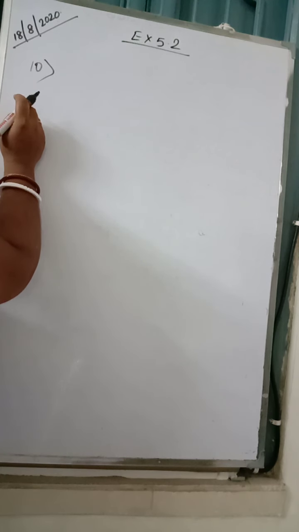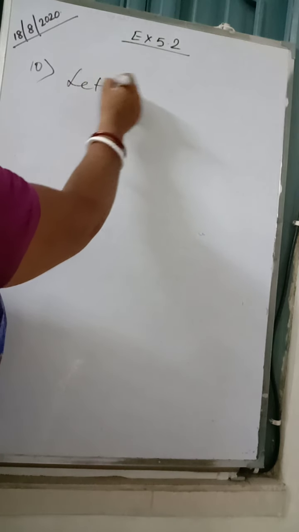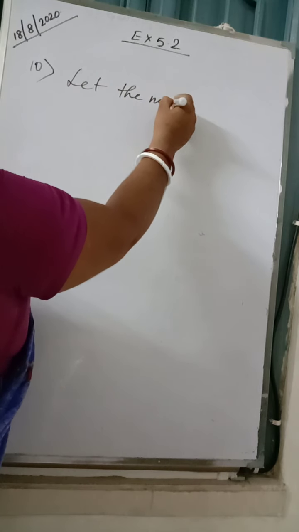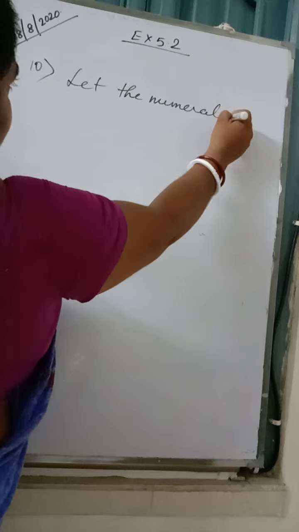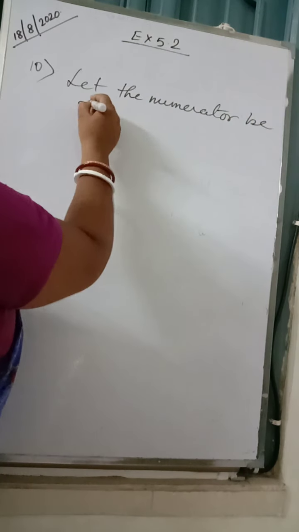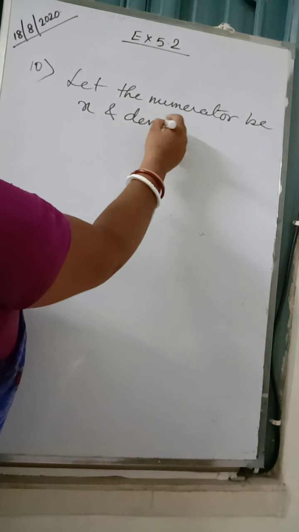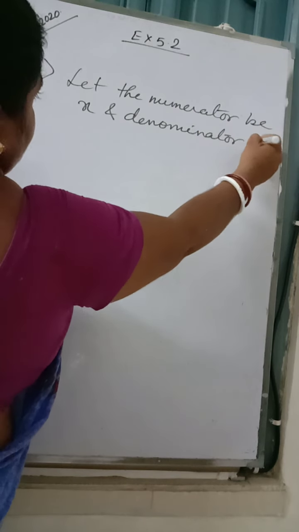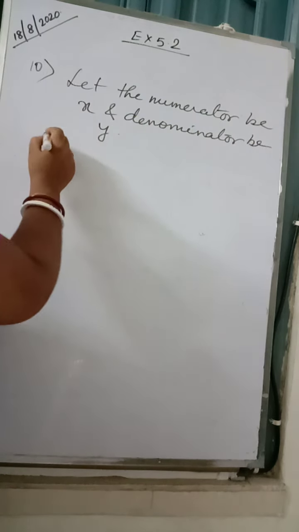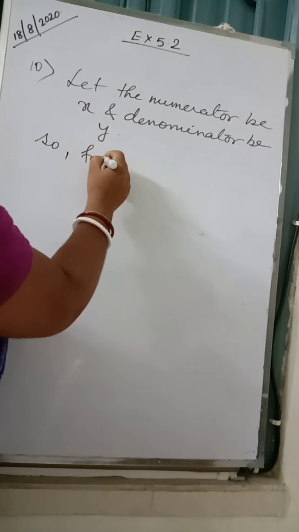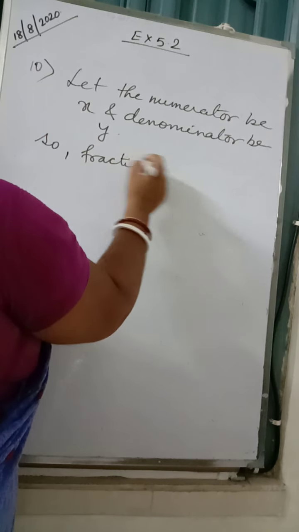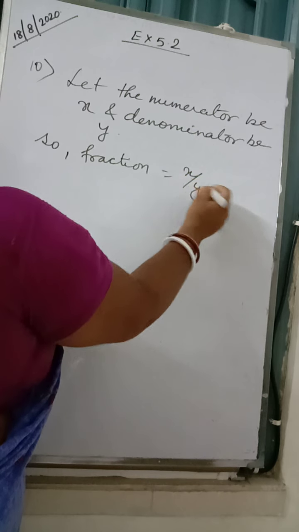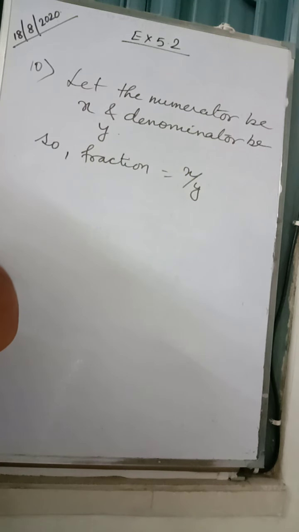Look at question number 10. The sum of numerator and denominator of a fraction is 12. Let the numerator be x and denominator be y. So the fraction would be x by y. This is one situation.